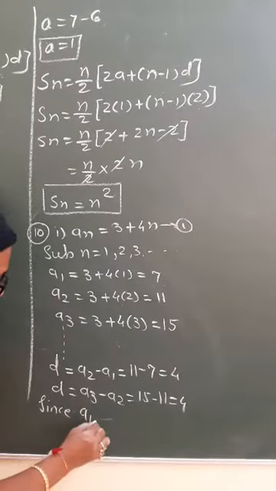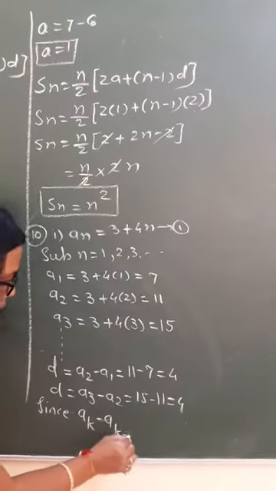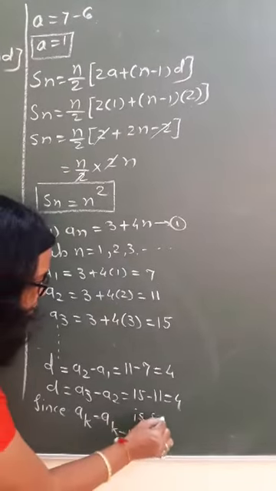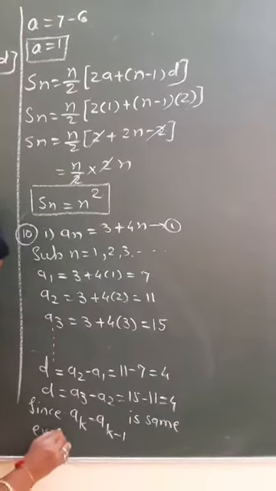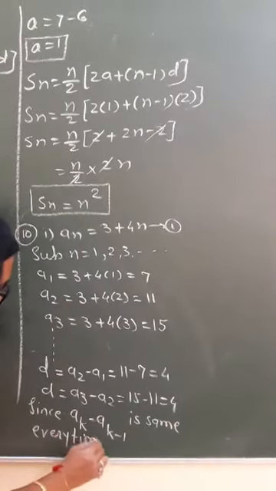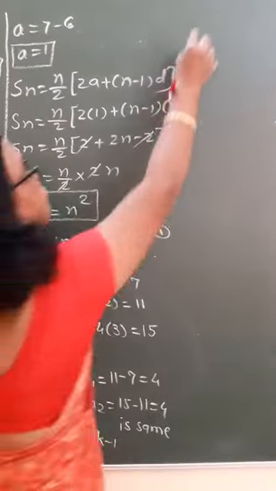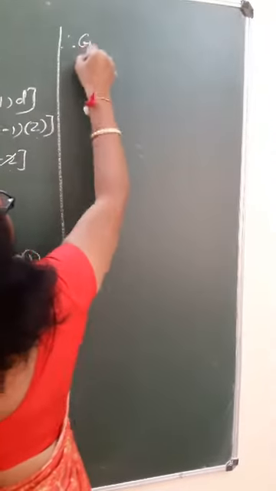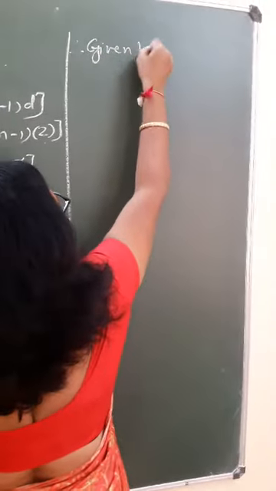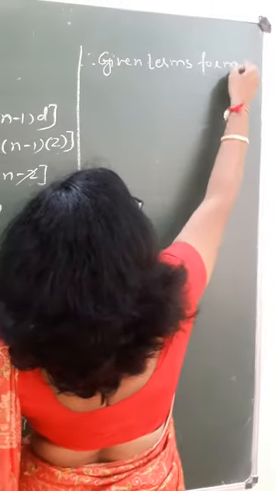Since AK minus AK minus 1 is the same every time, okay, every time we are going to get D as the same. Therefore, the given terms form an AP.